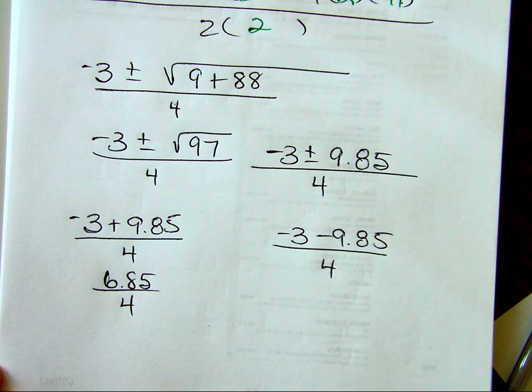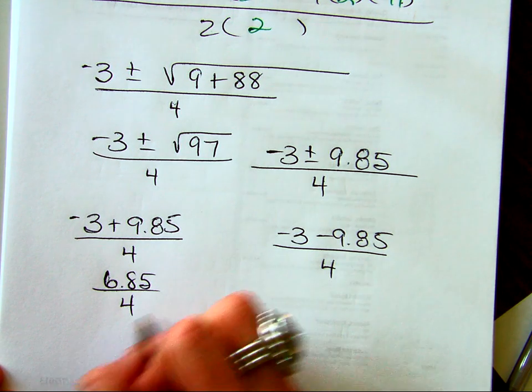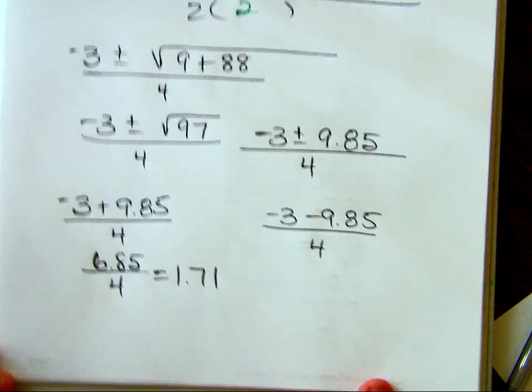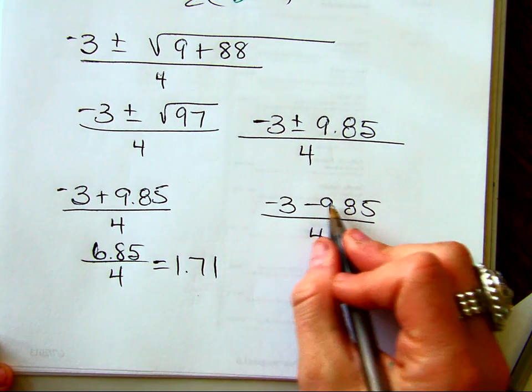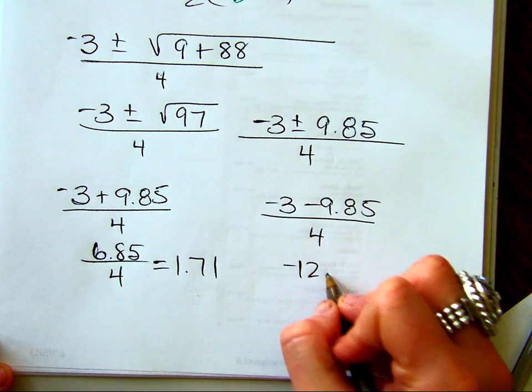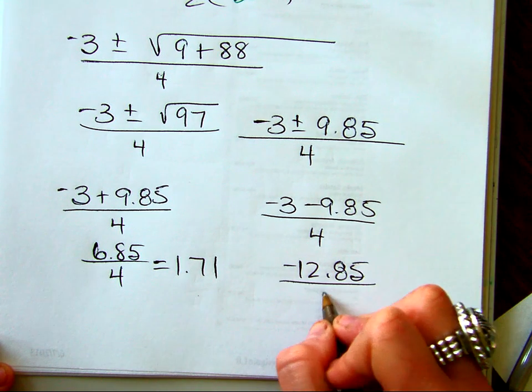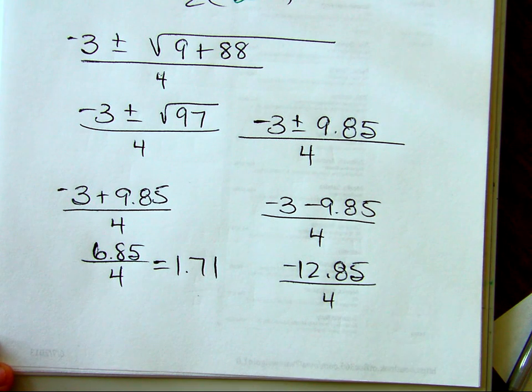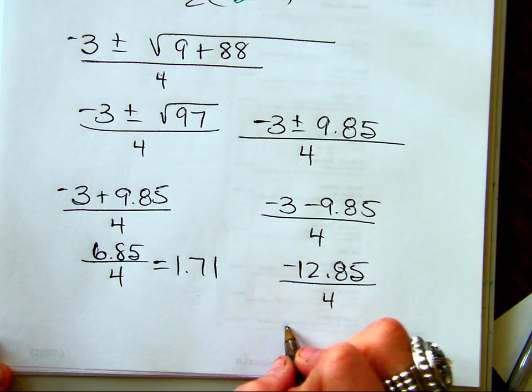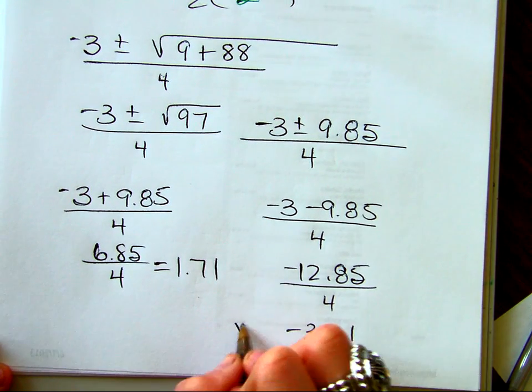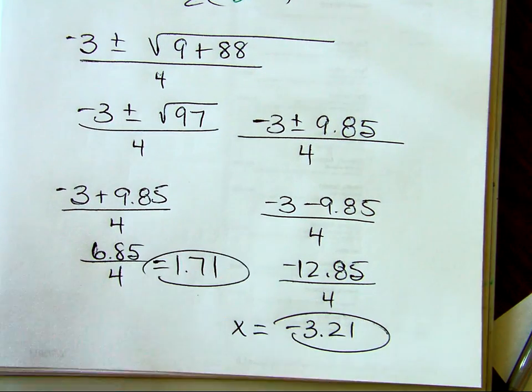And when you take that and divide it by 4, you get 1.71. Then you have negative 9.85 minus 3, which is negative 12.85 divided by 4, and that's going to give you your 3.21, which is negative.